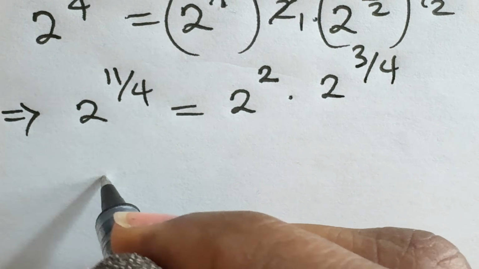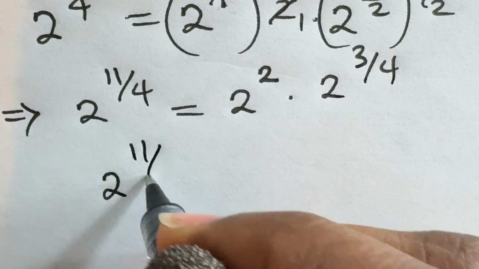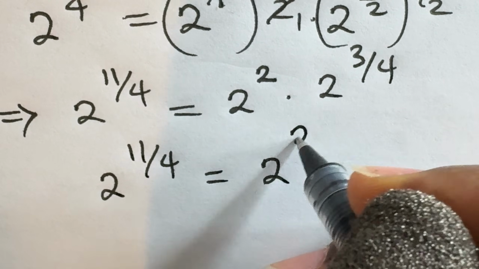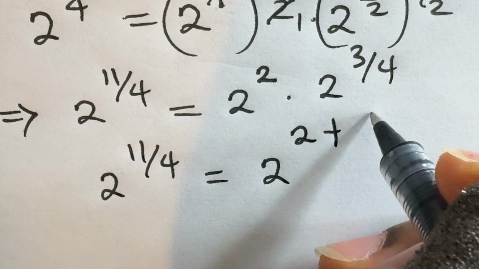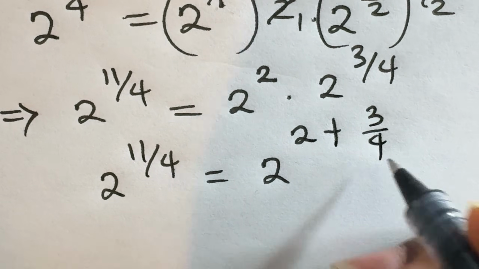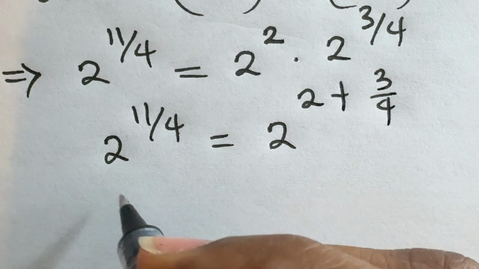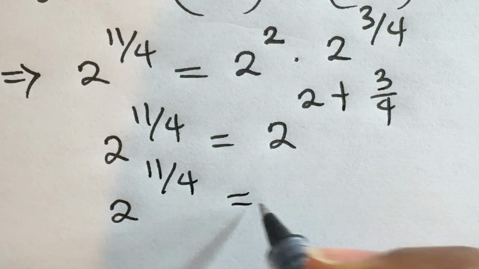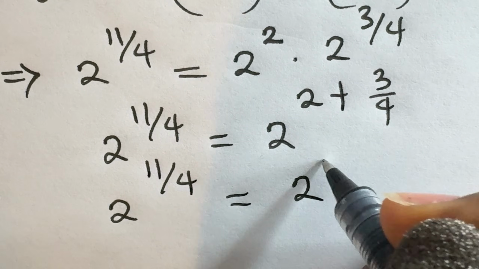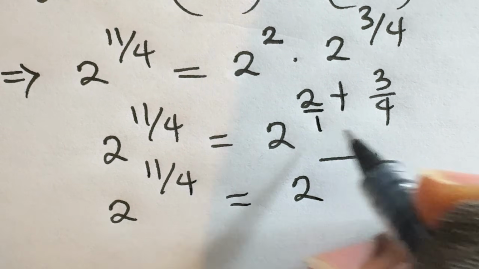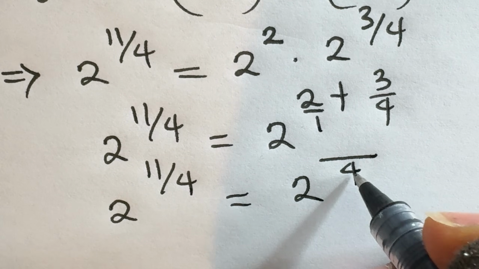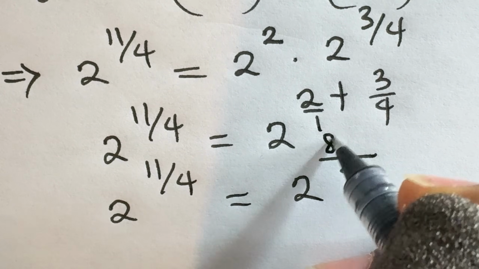This will then give us 2 raised to power 11 over 4 is equal to 2 raised to power 2 plus 3 over 4. 2 raised to power 11 over 4 is equal to 2 raised to power, LCM of 1 and 4 is 4. 1 in 4 is 4, 4 times 2 is 8.